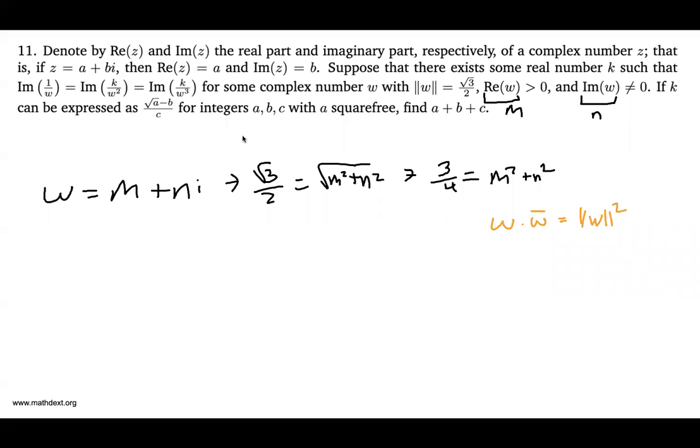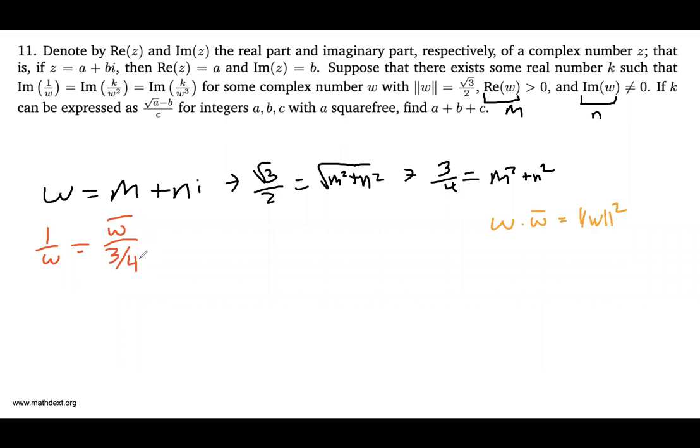In particular, 1 over w equals w bar over magnitude of w squared. That's a direct application of this if we rewrite it. However, we see that the magnitude of w squared is nothing else but this squared, which is 3/4. So we write this as w bar over 3/4.